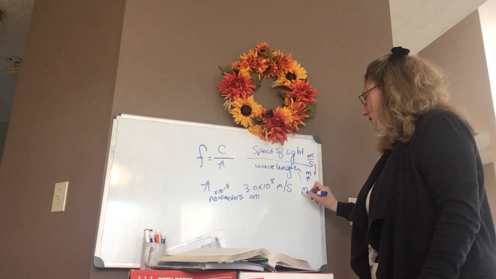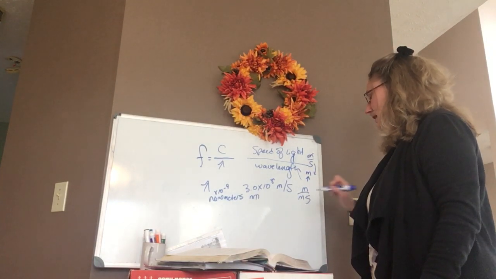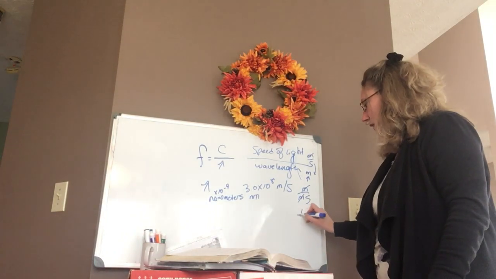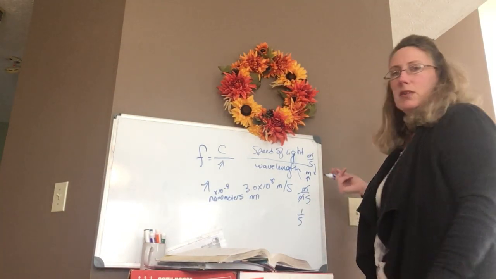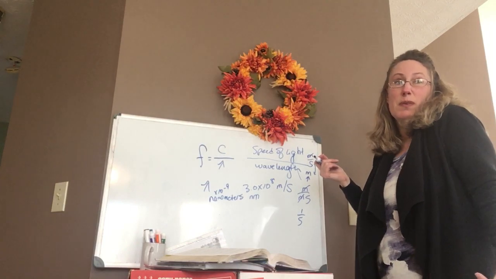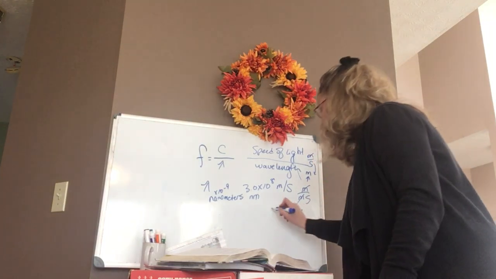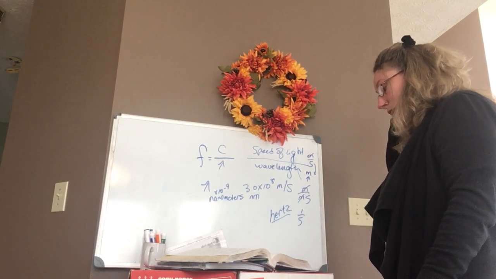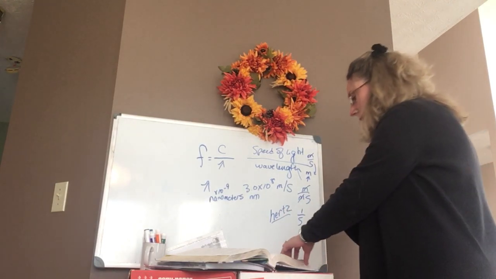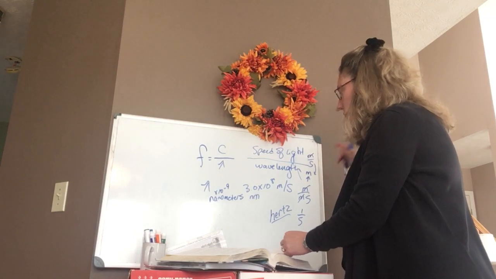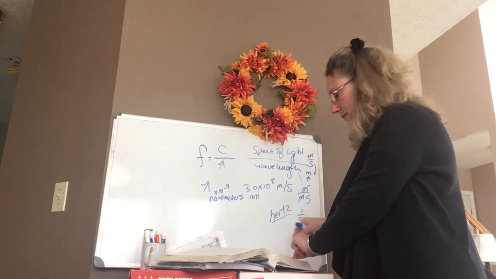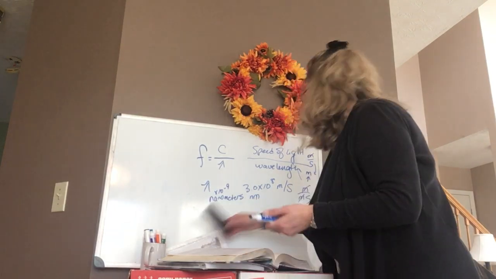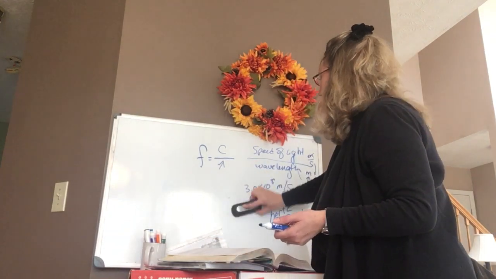So really you have meters over meters second. Well, these are going to cancel out, and what you're left with is 1 over second. And sometimes we say it's 1 over second, but we call it something else. We call it a hertz. So a hertz is 1 over second. Okay? So frequency is usually given in hertz. So you can give it in 1 over second, or you can give it in hertz, either one.